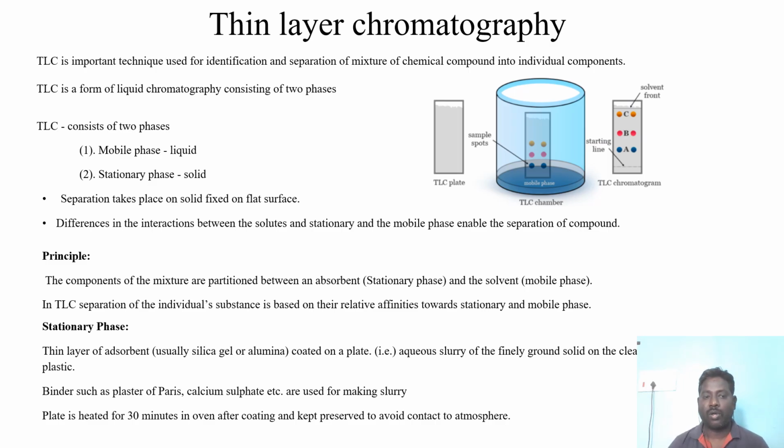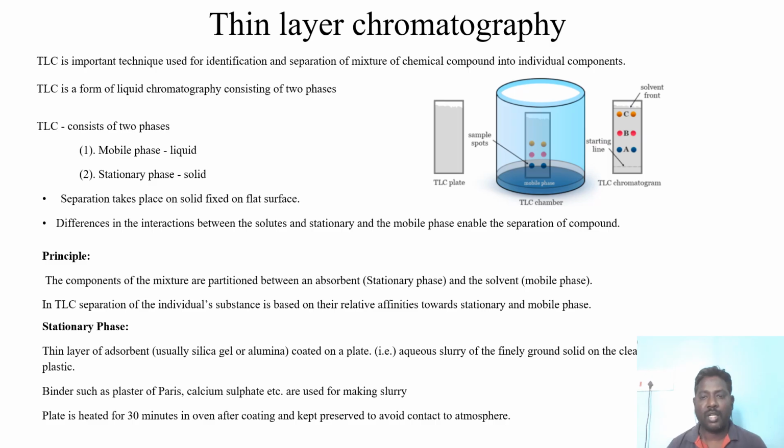In principle, the components of the mixture are partitioned between the adsorbent, that is the stationary phase, and the solvent phase. Partition takes place between the stationary phase and the mobile phase.